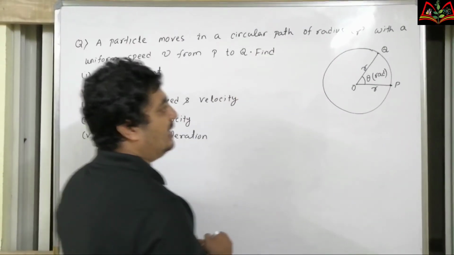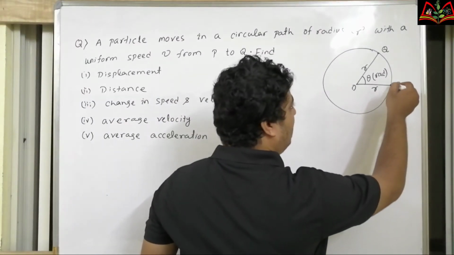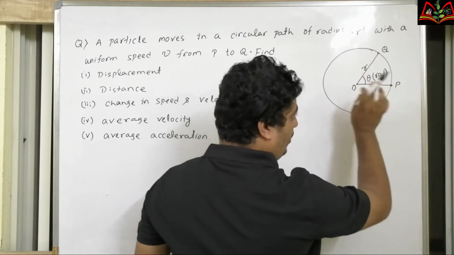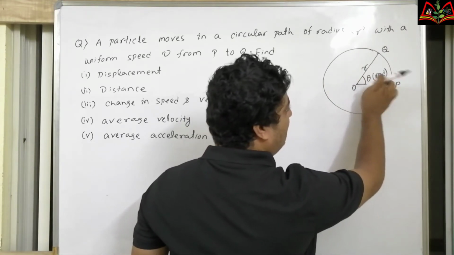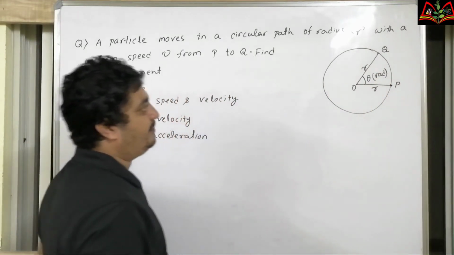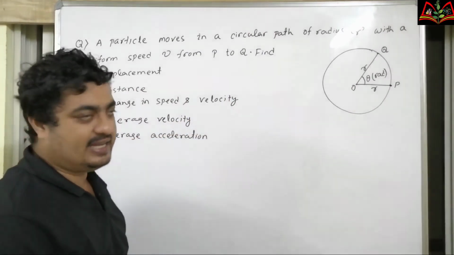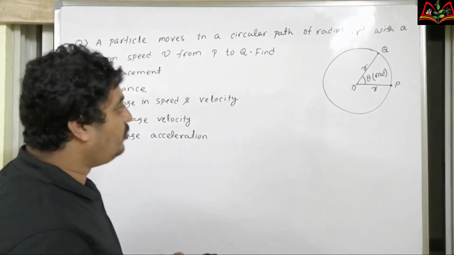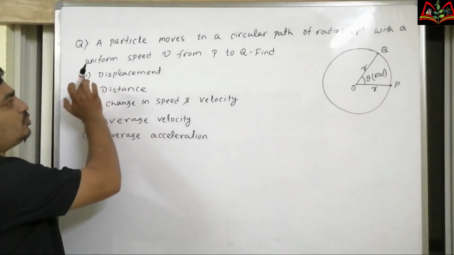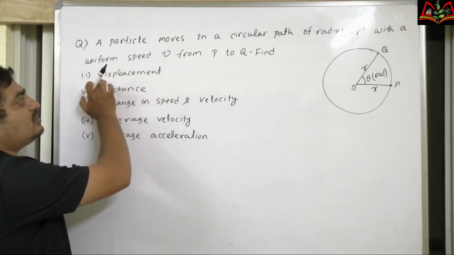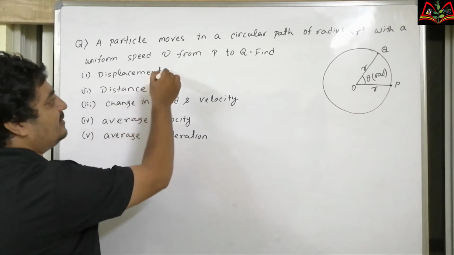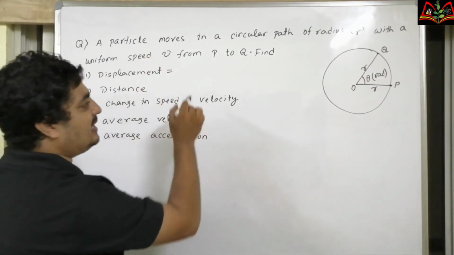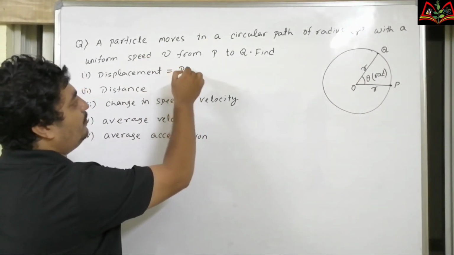Now, a particle is here, it moves with a uniform speed to Q, and the angle it subtended is theta. So here theta is in radian. If theta is in degree, then you have to convert it into radian. So the question asks what is its displacement. Now displacement equal to PQ.